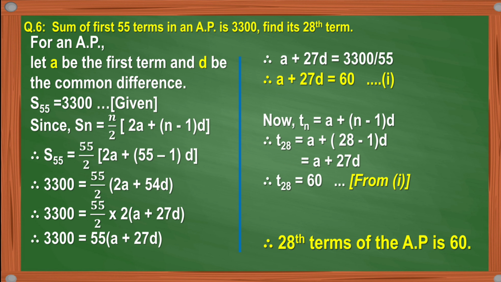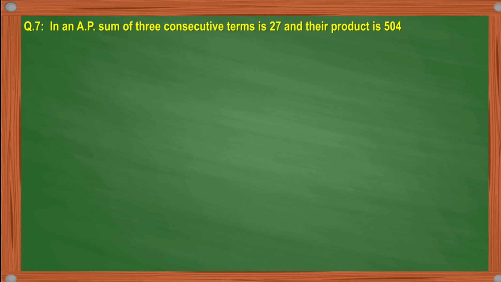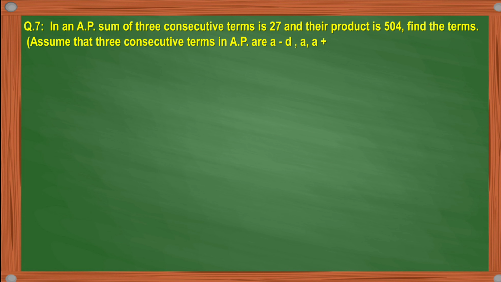Now let us come to the next question, that is question number 7. In an AP, the sum of 3 consecutive terms is 27 and the product is 504. Find the terms. Assume that the 3 consecutive terms in AP are a minus d, a and a plus d.